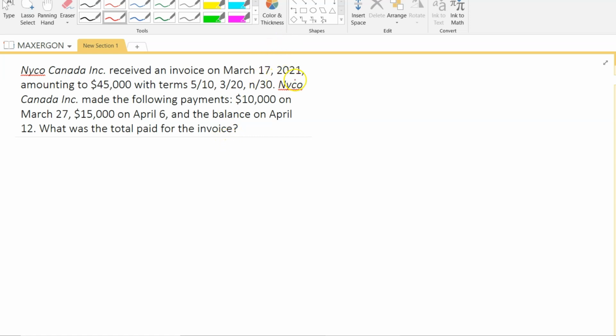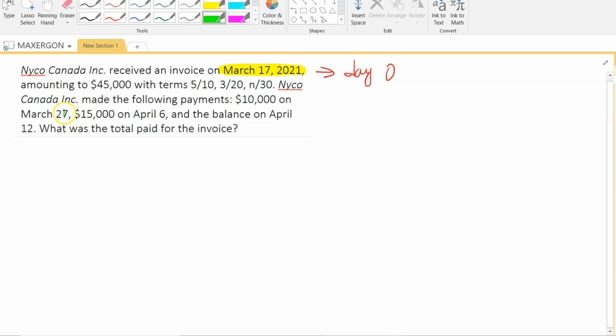To solve this problem, we first note that March 17, 2021, which is the invoice date, is day 0. Invoice date is always considered to be day 0.